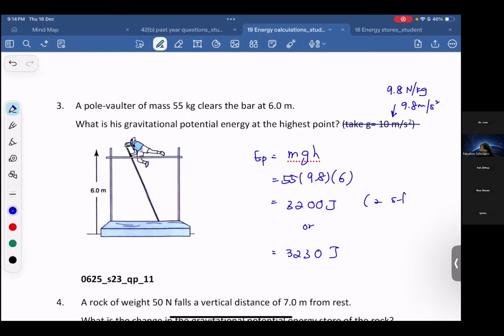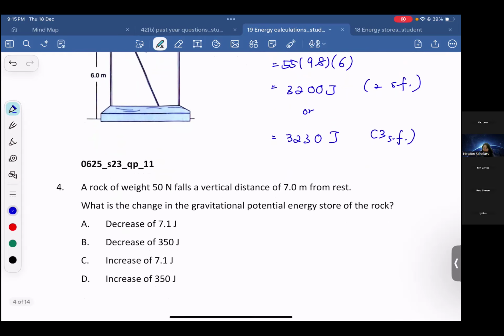So 2 significant figures, 3 significant figures. In our IGCSE, if you go and study the answer scheme, the marking scheme, they will always give us 2 to 3 significant figures. They will say with a suitable significant figure. Okay, 1 is not a good significant figure, but we do not need a lot. Just 2 to 3 is enough.